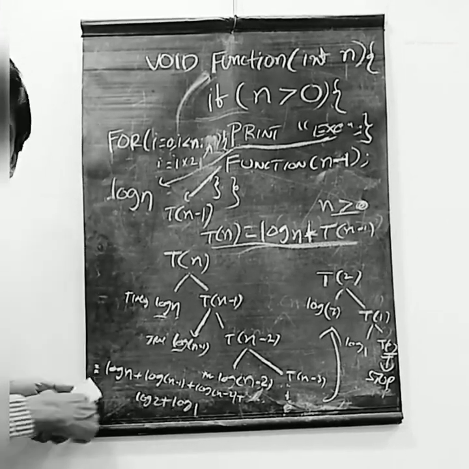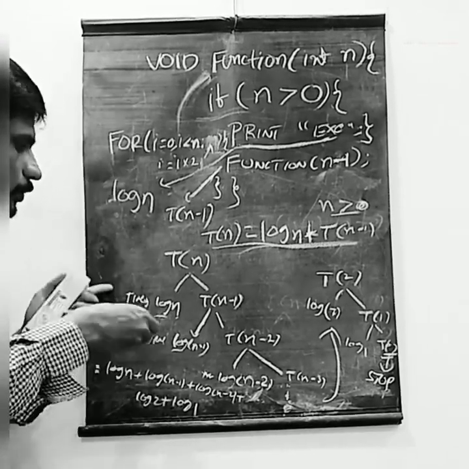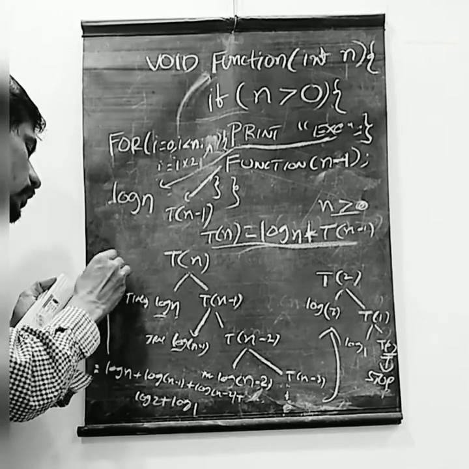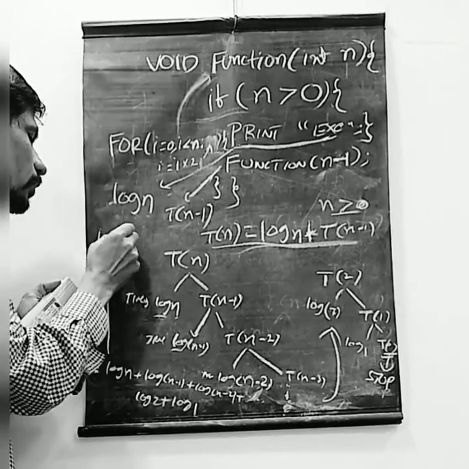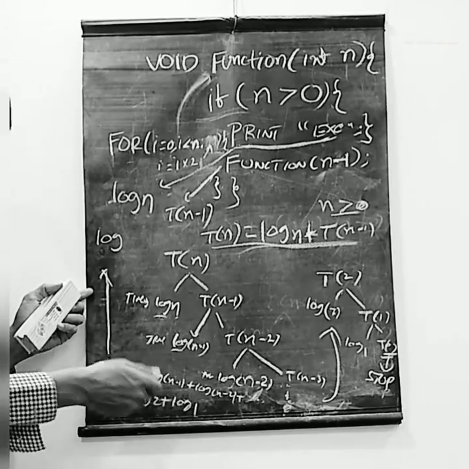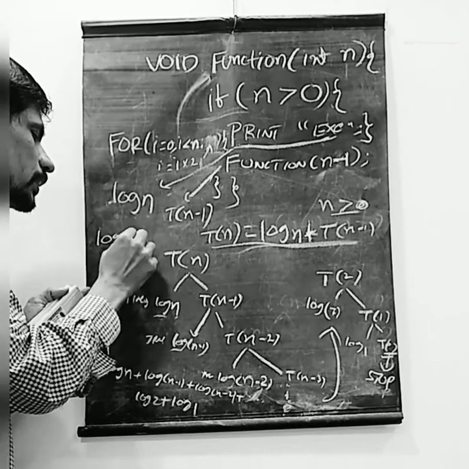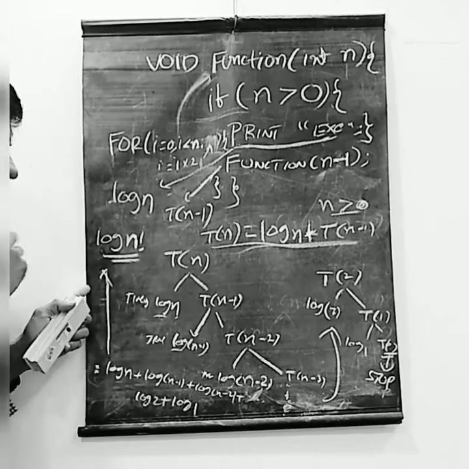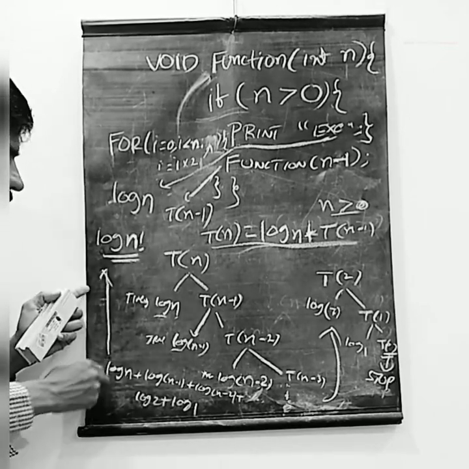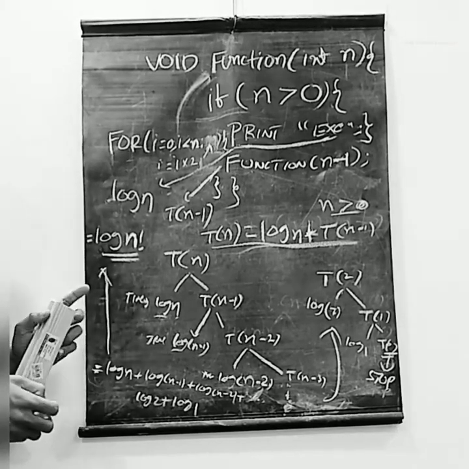This is the same as our previous scenario, right? So here log is common in all the terms, so we will separate it out. If you see n, n minus 1, n minus 2, this becomes n factorial. So if you transform this statement, it becomes log n factorial.